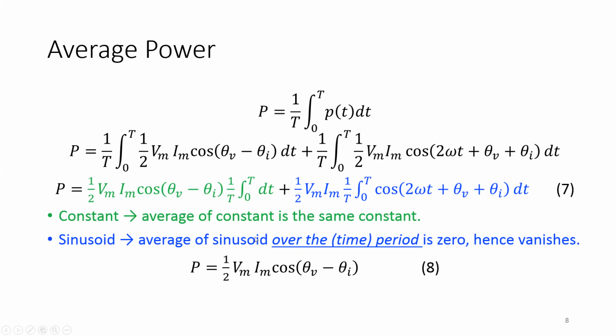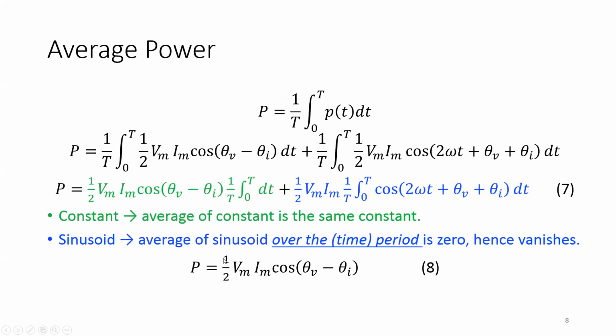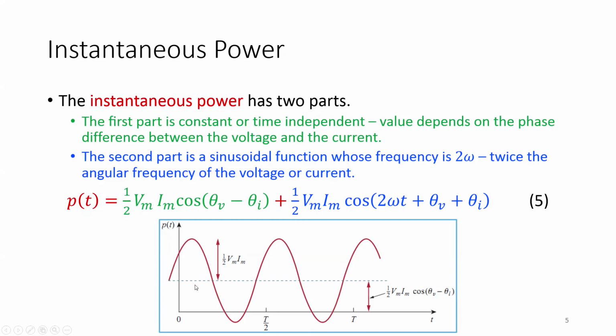When we plot it for average power, we get the same dotted line as we saw here. This is the average power of this system with instantaneous power of small p of t.